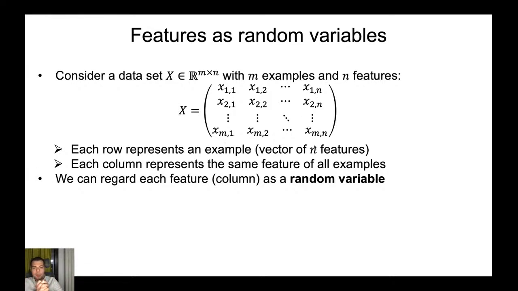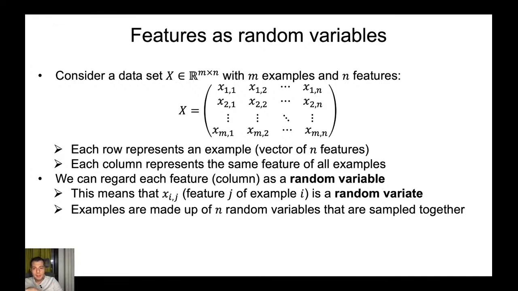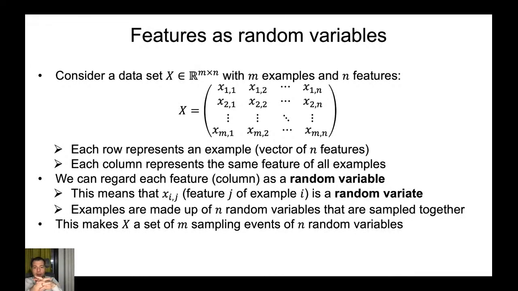So we can regard each feature as a random variable, or actually as a set of random variates that are sampled from this random variable. So each component in our data matrix is a random variate, and the examples are made of n random variables that are sampled together.